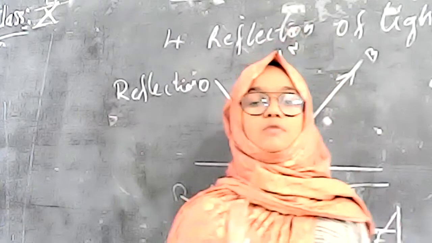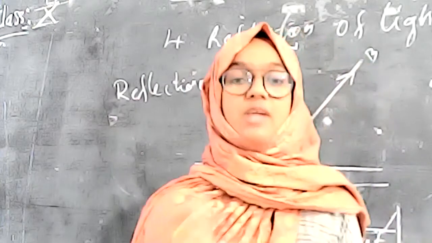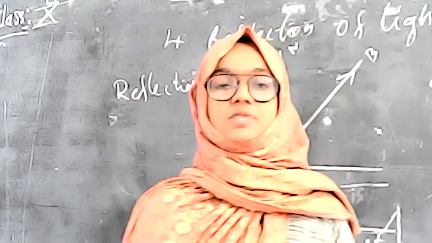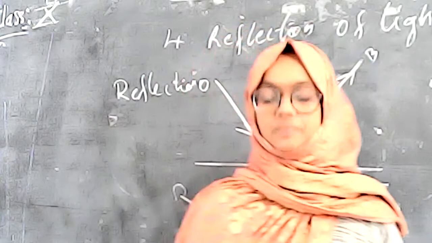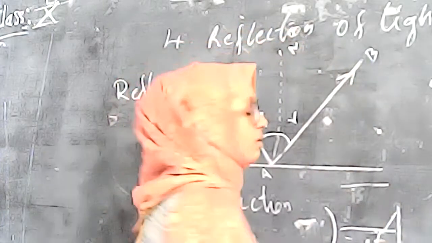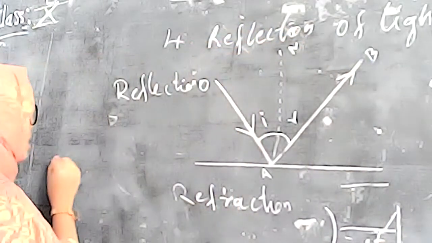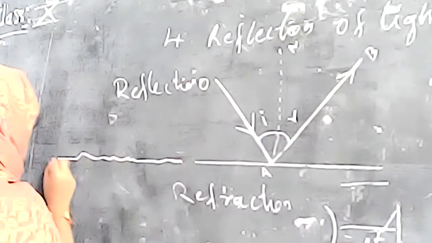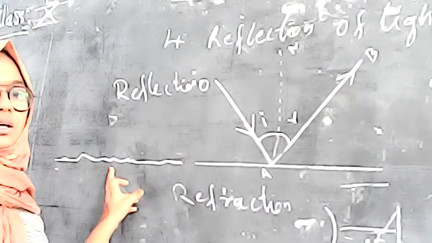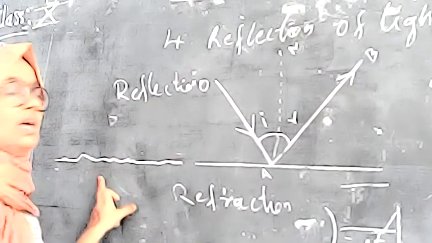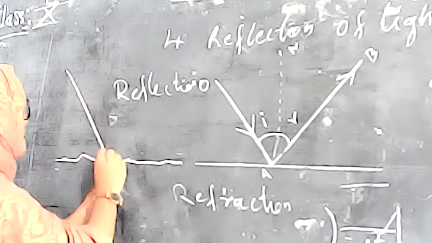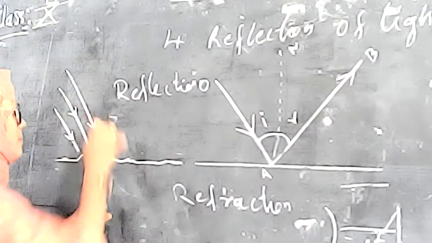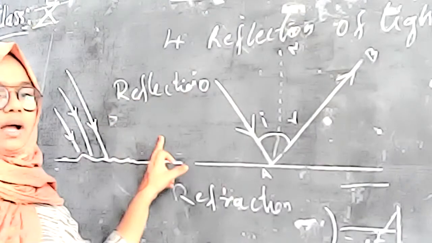In reflection, we have been discussing the case of a smooth surface. But what if the surface changes and becomes rough? We have to discuss what occurs then. The surface is not a smooth surface. This is a rough surface, and a ray of light is incident here, and one or two more rays are incident here. They do not bounce back.